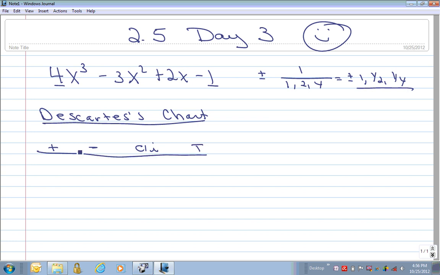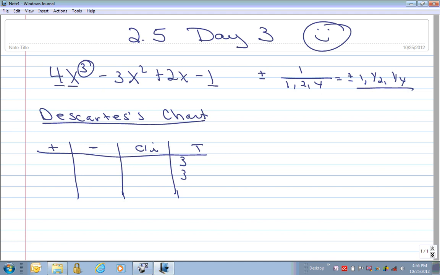We know the total by just looking at our polynomial. The total number of roots we're going to have in this particular function is 3. We usually have at least 2 rows in our chart, sometimes more. All right, let's take a look at our chart and go through our little process.